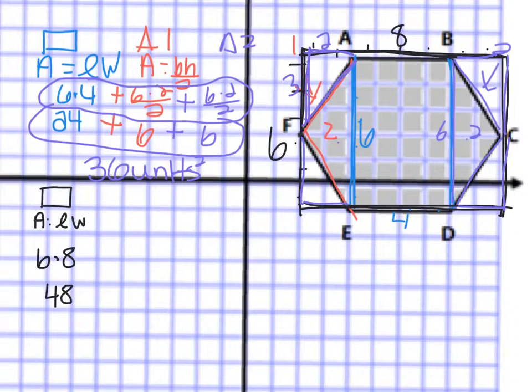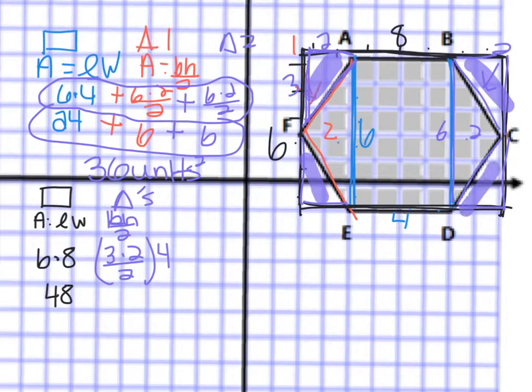So I have my triangles, area is base times height divided by 2. So I'm going to do 3 times 2 divided by 2, but there's 4 of them. Now instead of adding like we did with the first one, we are going to subtract because we're taking these pieces away.